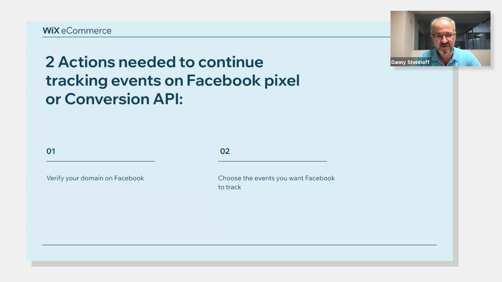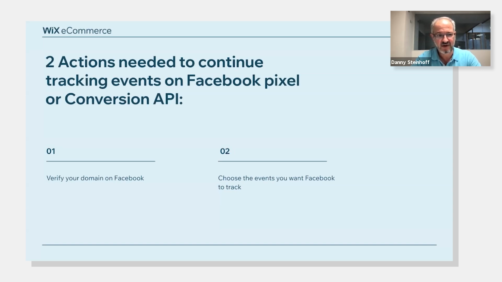actually not many things that directly depend on you as a user, and you need to do two things, as Dor mentioned, and we will dive deeply into the Wix infrastructure, into the Wix system, on how to set up those things in order to continue sending events to Facebook.